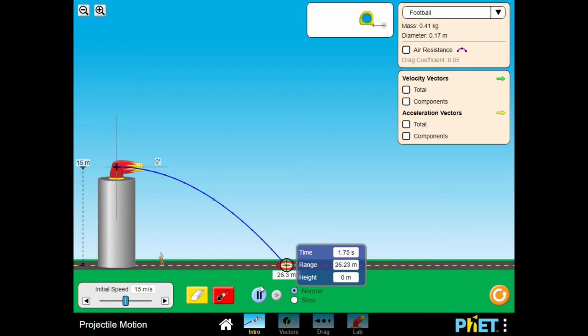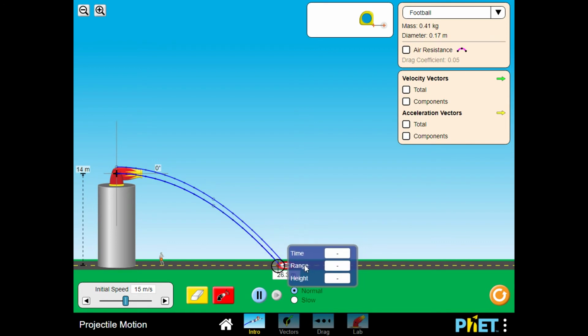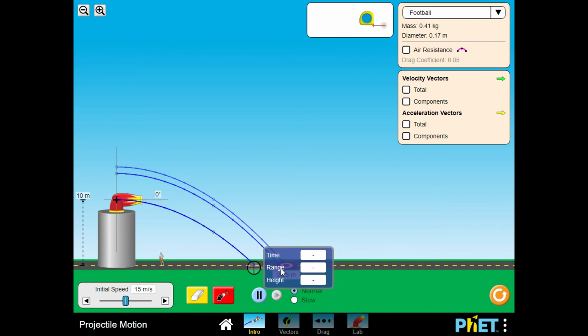Let's decrease the height by 1 meter, 40 meters. Again, the flight time is 1.69. The flight time also decreases as the height decreases, and going down to 10 meters, the time decreases and the range also decreases.